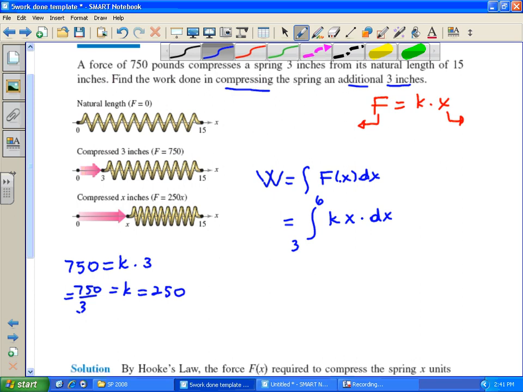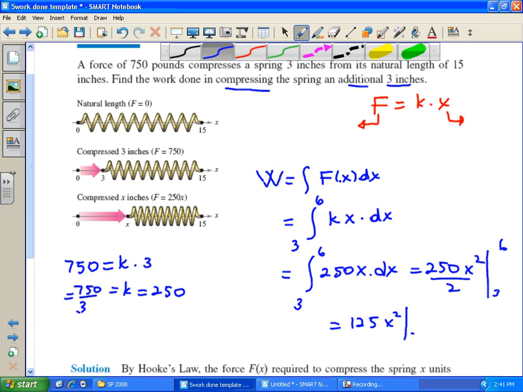So now we can come back over here to find work, integrate from 3 to 6, force, which is Kx, which in our case is 250 times X dx. And if we integrate this, we're getting 250x squared over 2, going from 3 to 6, and that is 125x squared going from 3 to 6.